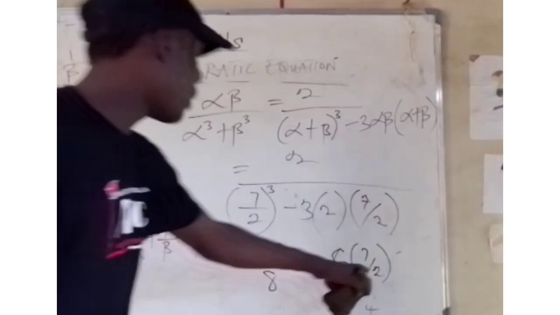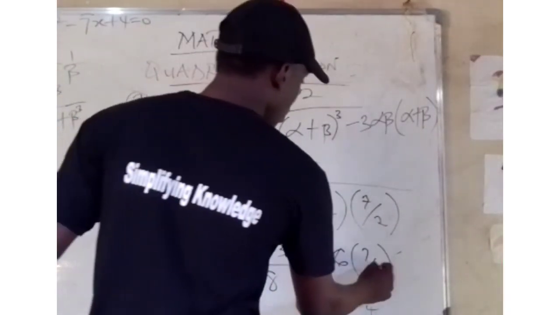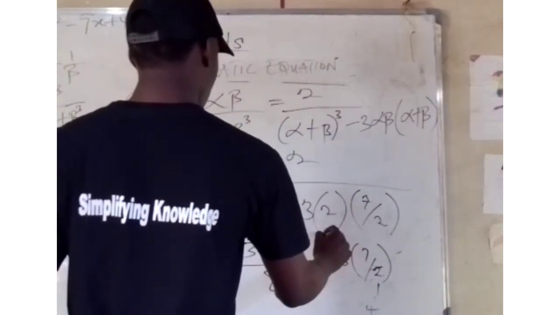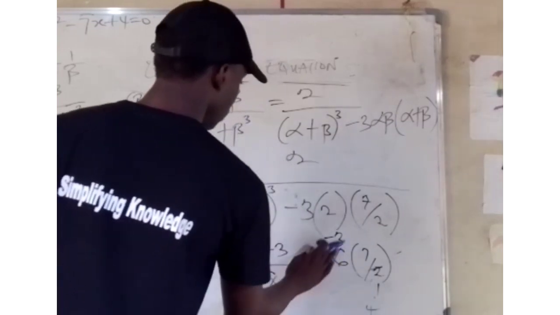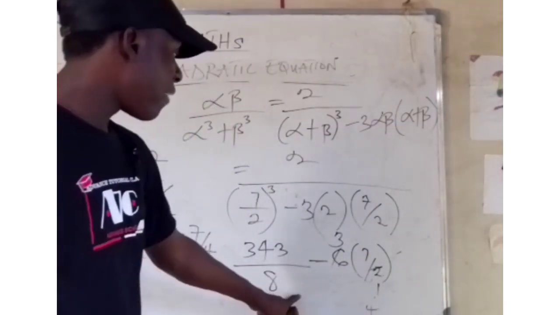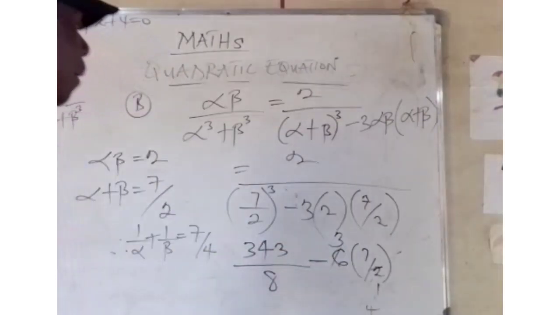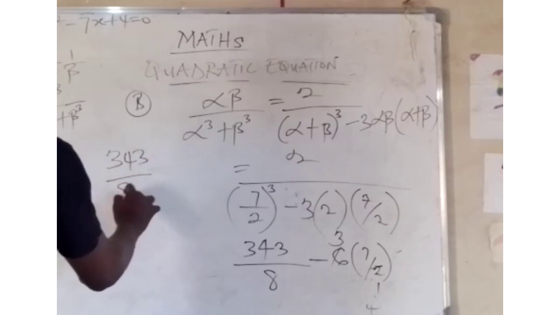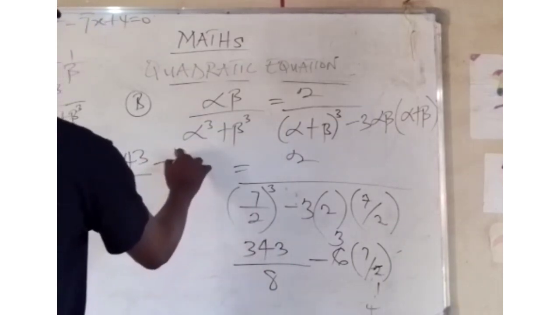So from here, 2 divided by 2 is 1, while 2 divided by minus 6 is minus 3. Well, let me just put 3 here because I have a minus. Okay, so from here I can simplify further. Minus 3 times 7 is minus 21. 343 over 8 minus 21 over 1.